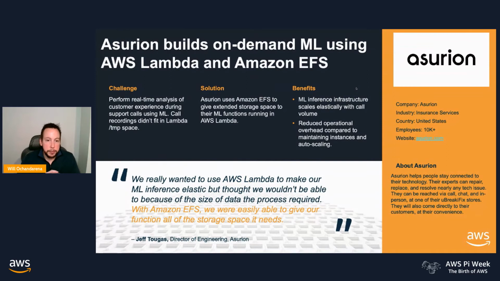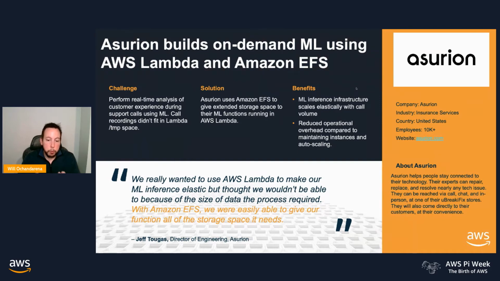One example of a customer that's using us for that is Asurion. So Asurion, for those of you that don't know, is a company that sells extended support contracts on consumer electronics. And because of that, customer service is super important to them. They have a call center that their customers call into if they need help with their warranties.